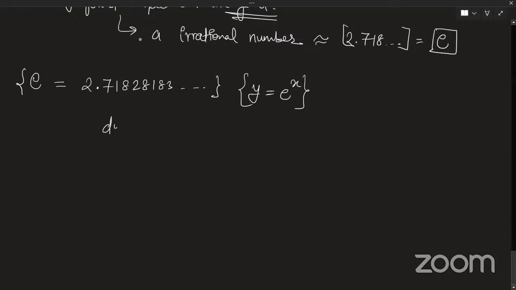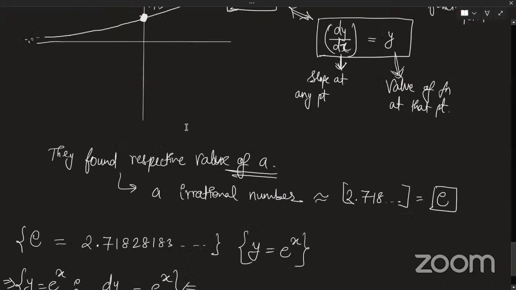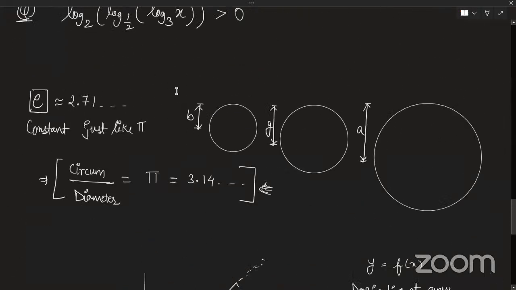So in other words, I can say dy by dx, where y is equal to e raised to x, is also e raised to x. This is the property, and this is how the number e was derived.